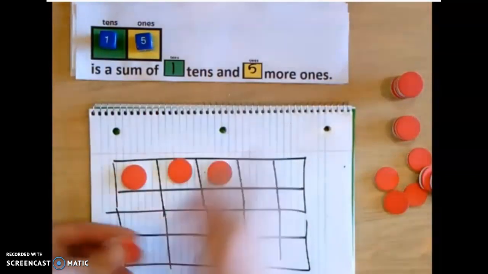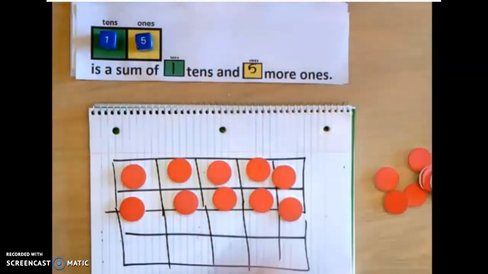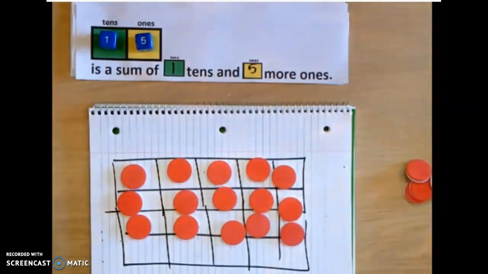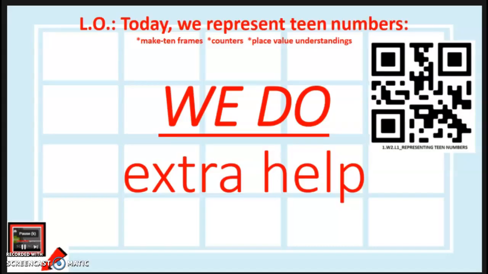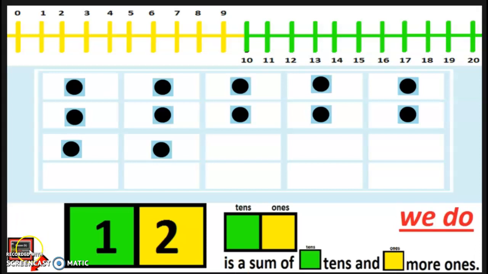So there's 1, 2, 3, 4, 5, 6, 7, 8, 9, 10, and then 5 more ones. 1, 2, 3, 4. You should have shown me at least 12 counters. Did you get it right?